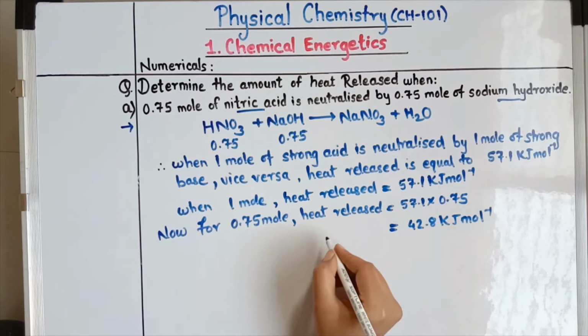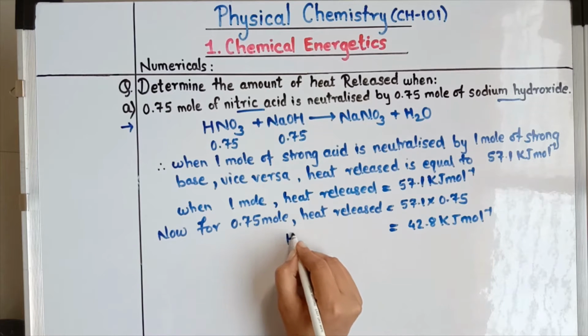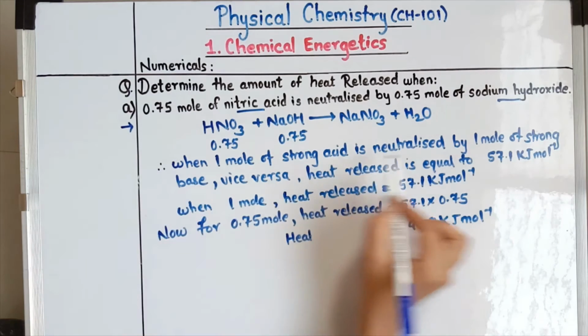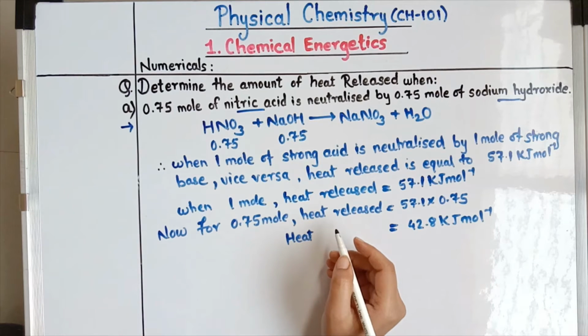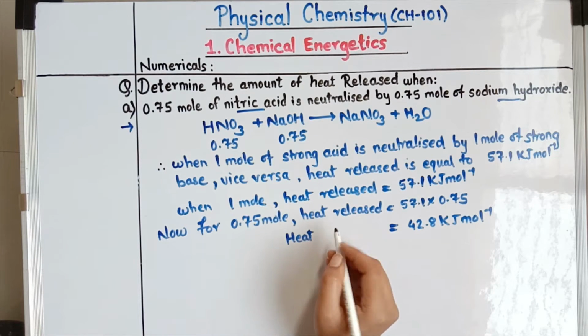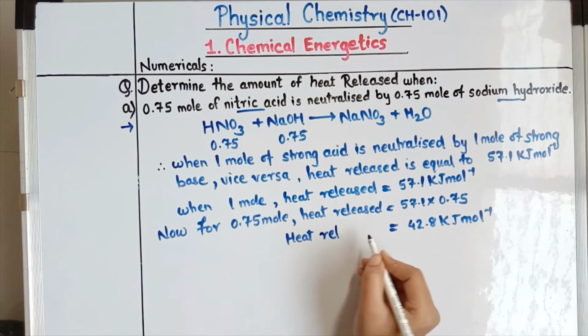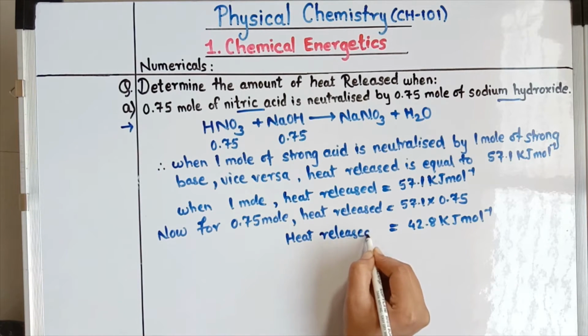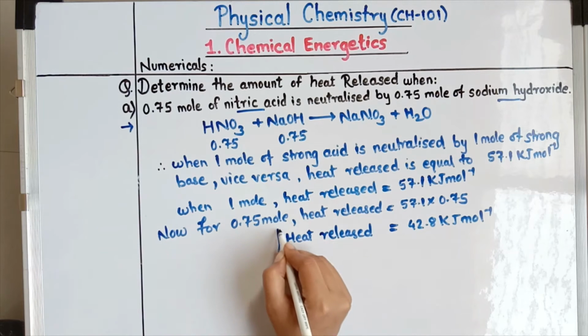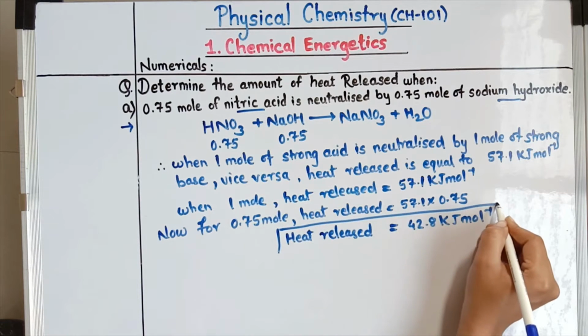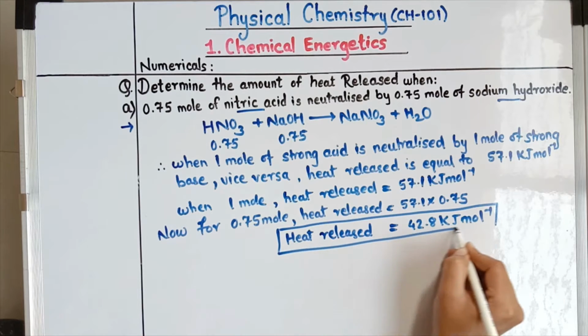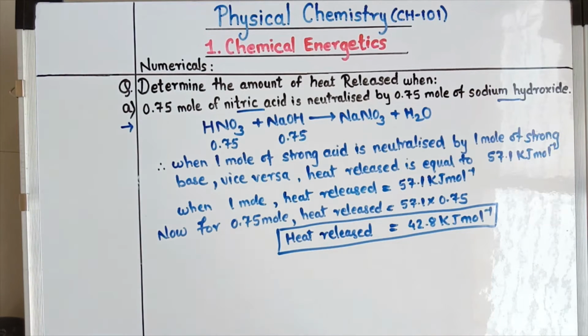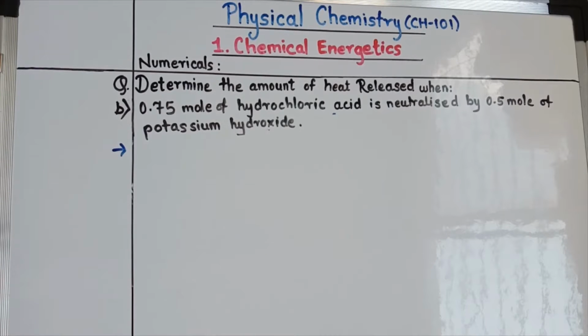Okay. So what you have to remember is that when 1 mole of strong acid is neutralized by 1 mole of strong base or vice versa, heat released is always equal to 57.1 kilojoule per mole, and by comparing it with the given moles you can find the heat released for the given reaction.